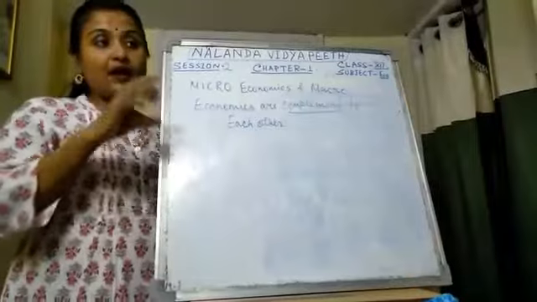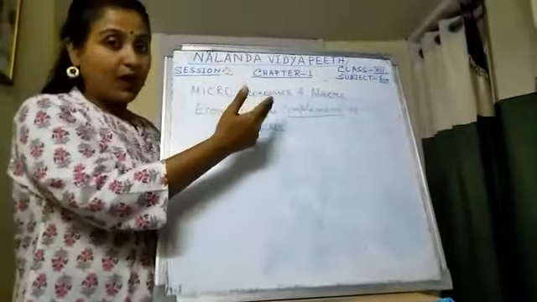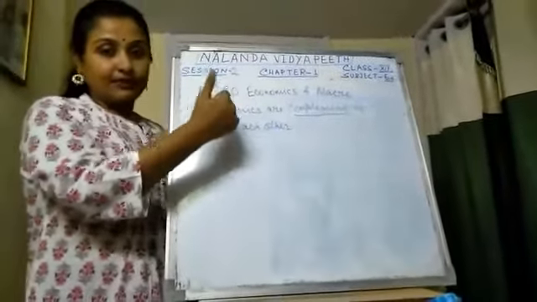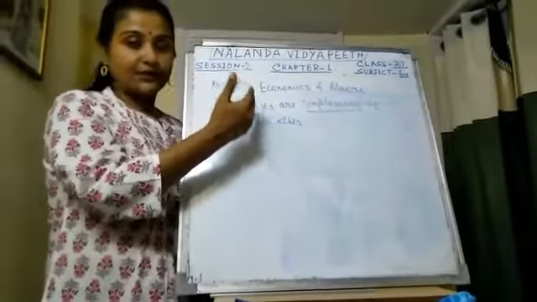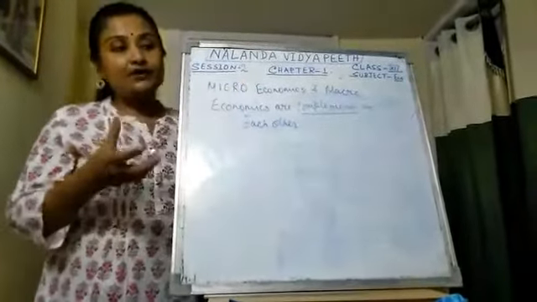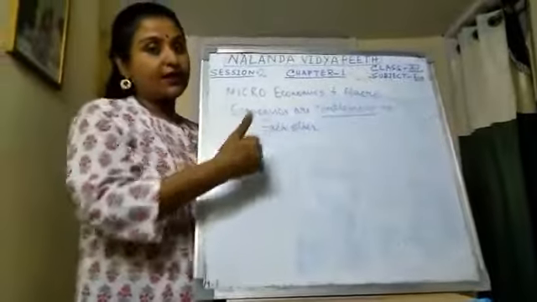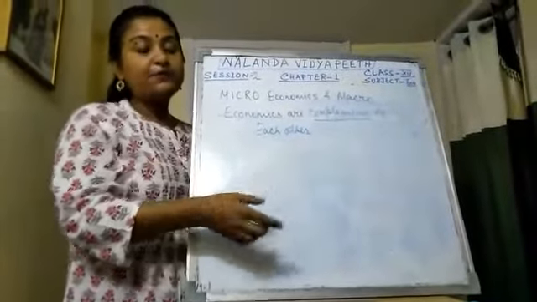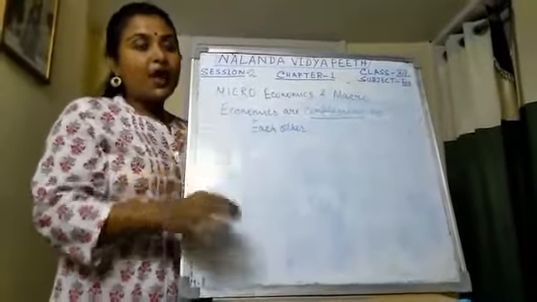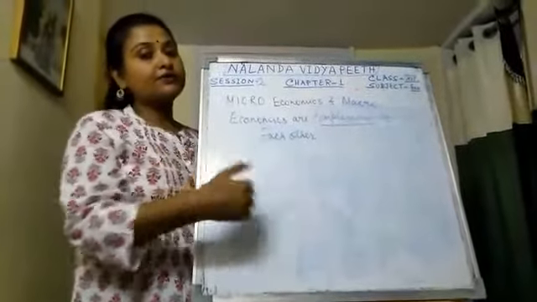Make a copy, and in that copy write chapter number 1 with the title Microeconomics, Macroeconomics Introduction, and jot down all the points which I'll be giving you in this video. Pause the video and write down all the points which are coming.